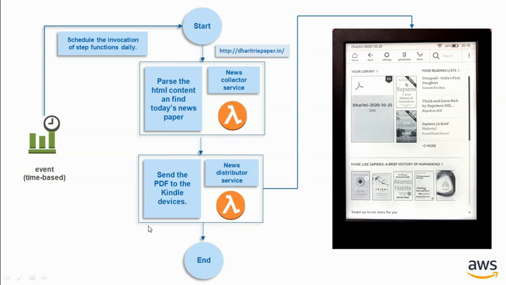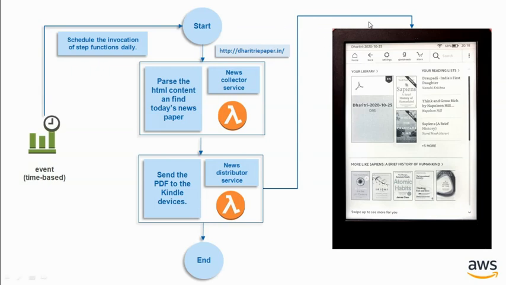The news distributor service's responsibility is to download that day's PDF to its local storage, and after that, it sends that PDF as an attachment from my registered email address programmatically to my unique Kindle email address.